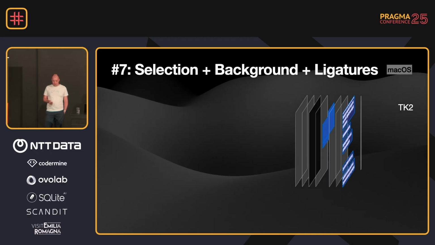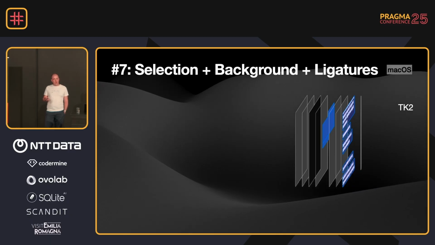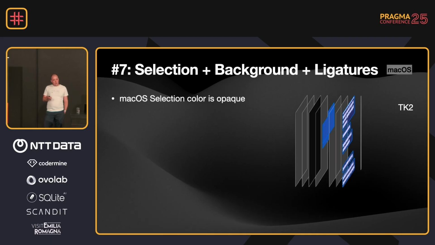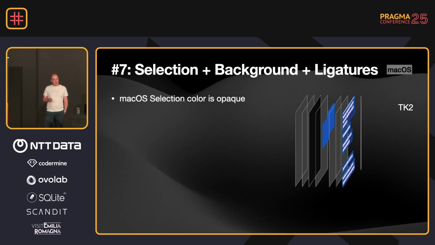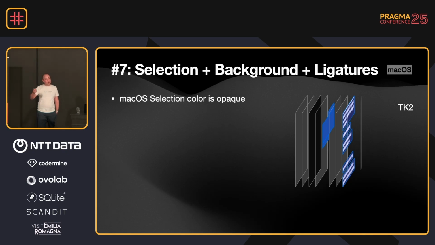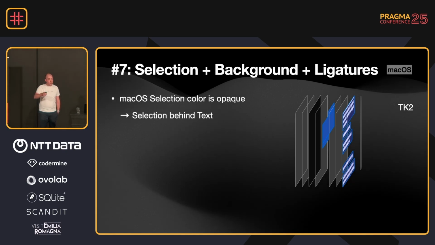All right. Let's think about it. macOS has been around forever, and there are certain system colors for things. The macOS text selection color is opaque. It's not transparent. It has no alpha. So whenever you draw a selection, it hides what's behind it. So you can't draw the selection above the text. It needs to be below the text.